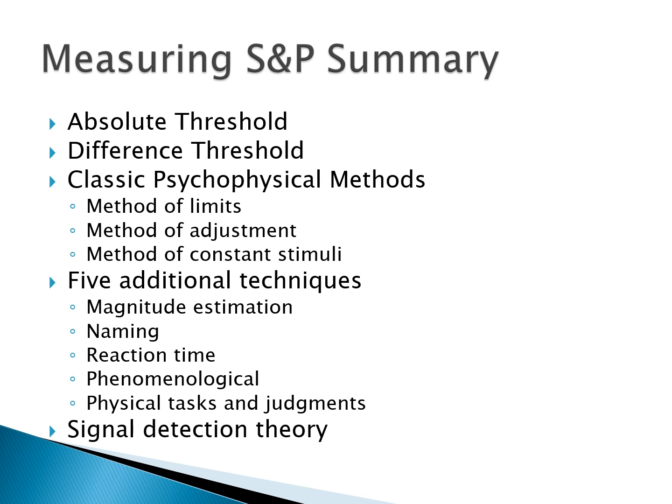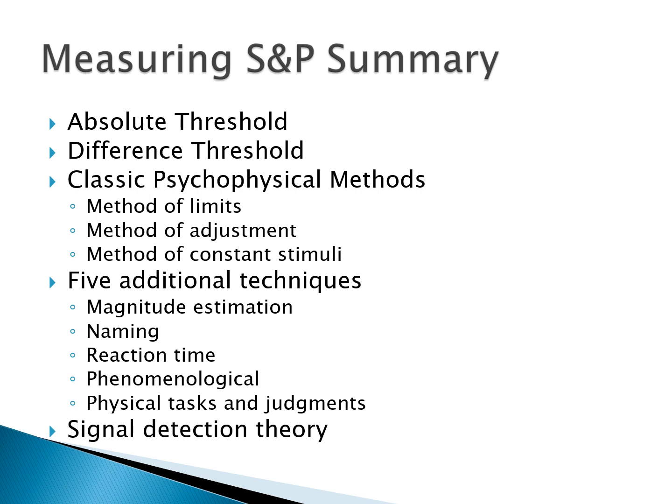Other than those general approaches, we talked about absolute threshold, the minimum amount of stimulus energy required for you to actually experience that stimulus, and the difference threshold: how much of a difference do we need for you to tell that two sounds are different from each other? And then we talked about the classic psychophysical methods for looking at absolute threshold: the method of limits, the method of adjustment, and the method of constant stimuli.